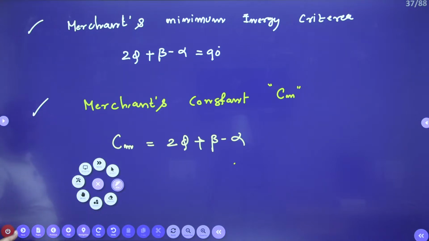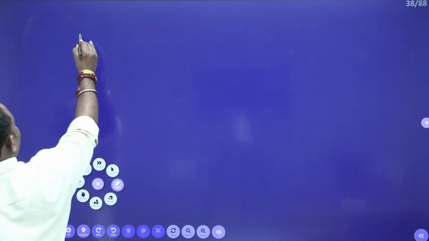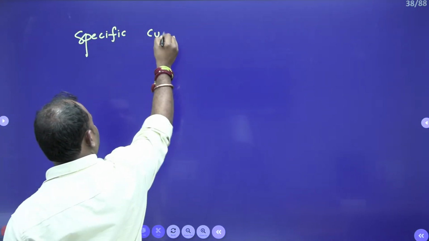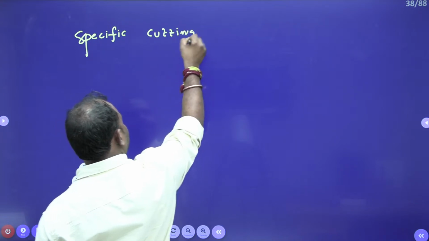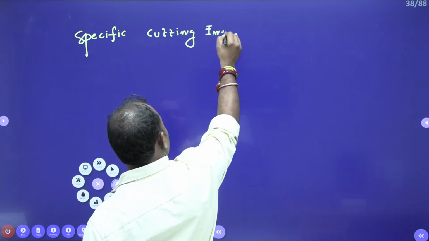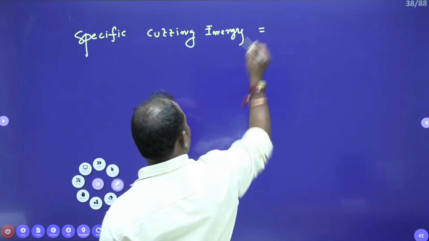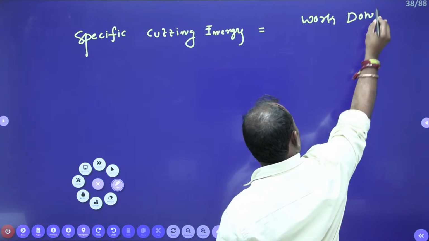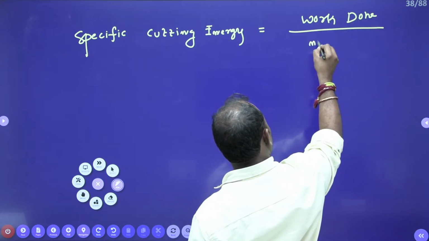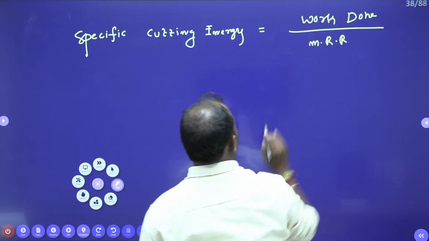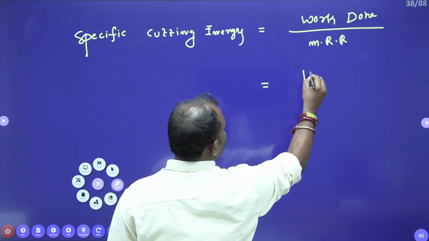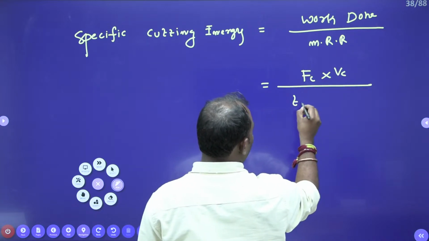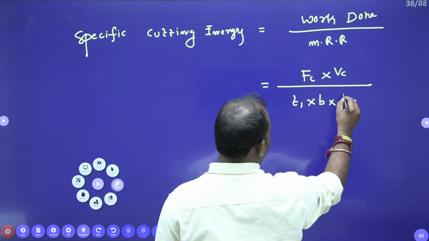Okay. Right. Next is specific cutting energy. Specific cutting energy is equal to work done divided by metal removal rate. Work done I can write as Fc into Vc, divided by the metal removal rate, which is T1 into B into cutting velocity.